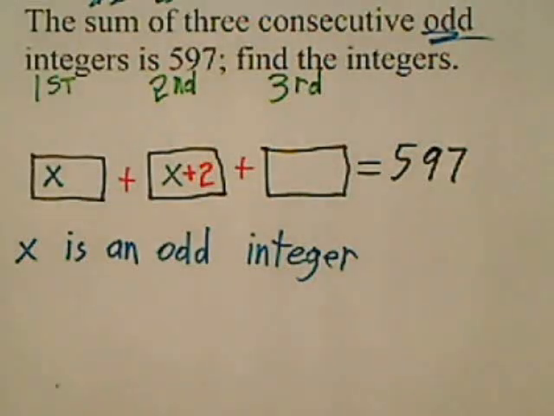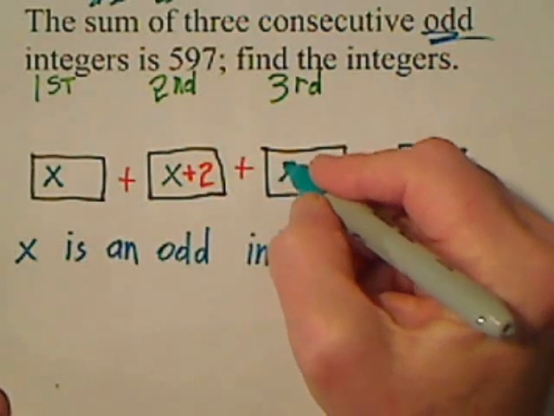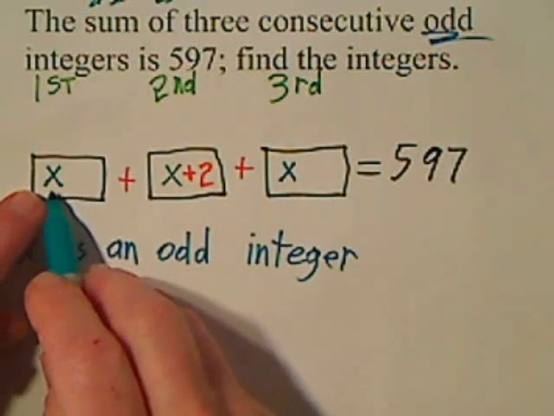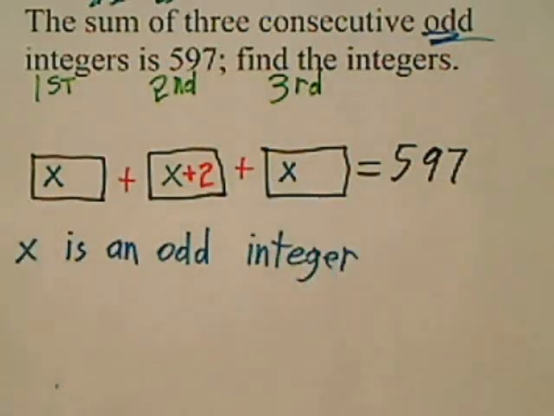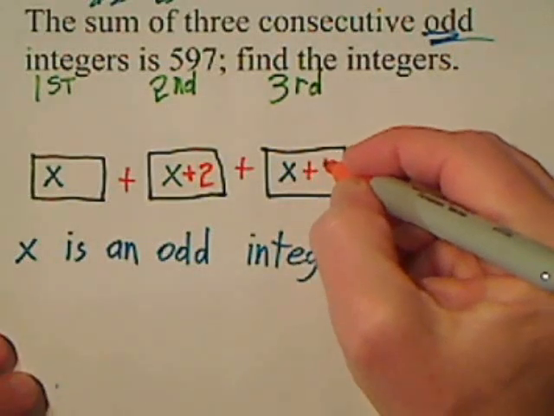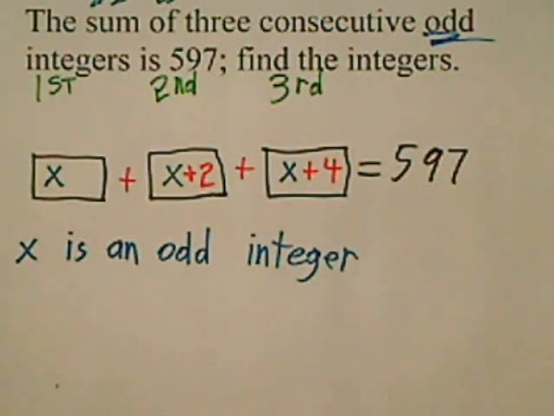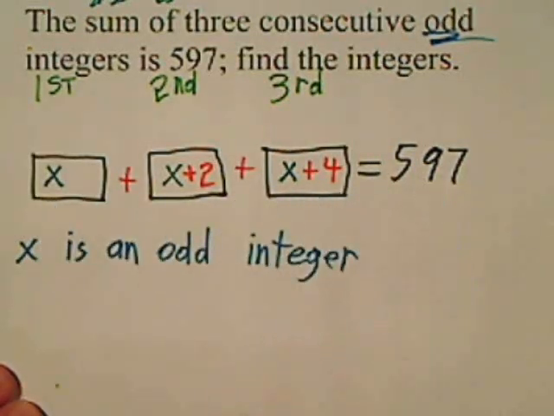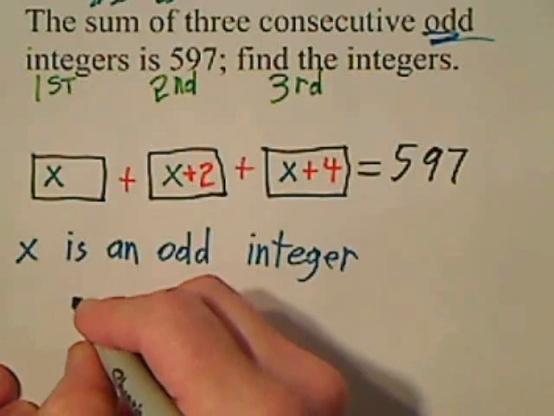And then finally, for the third integer, x is way back here. So to get from this integer to this one, we'll have to add 4. So now if I add these 3 boxes up, I get 597.